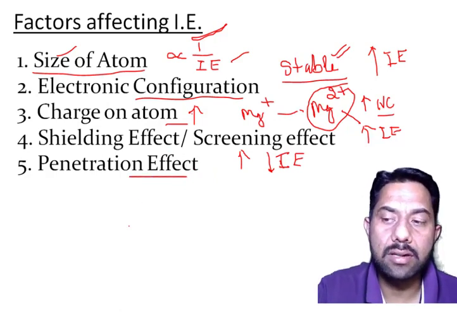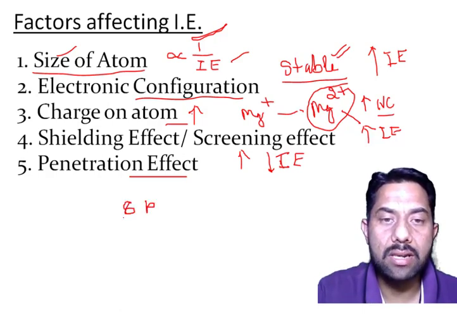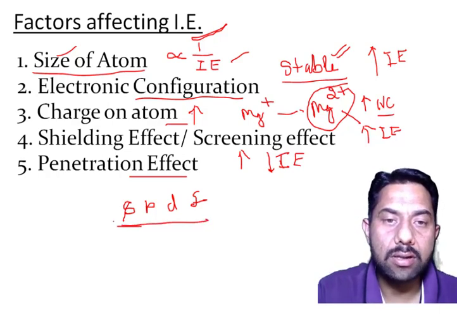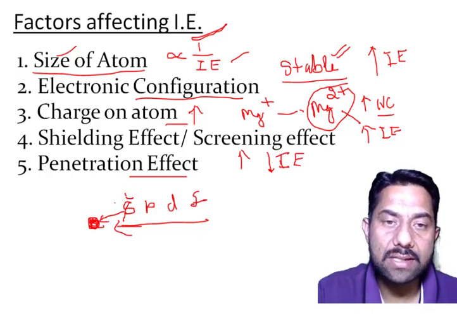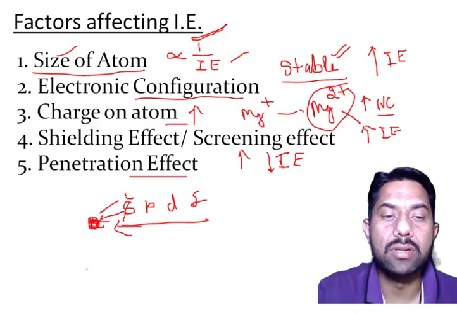Penetration effect is related with s subshell, p subshell, d subshell, and f subshell, as to how they are arranged. So s will always lie to the inner side, nearer to the nucleus. So the penetration of s is maximum because the electrons of s are strongly attracted by the nucleus.